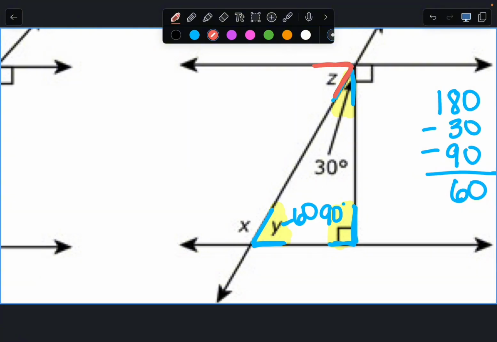How do you know they're equal? Think about it. What do they form? If they form the letter Z, doesn't matter if it's upside down or backwards, they're exactly the same. So Z is 60 as well.